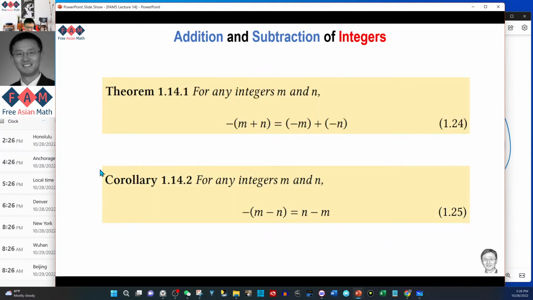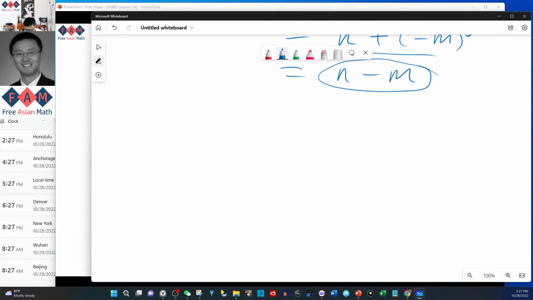After developing this first theorem, we have a corollary. When you have m minus n and take the negation of that, it is the same as if the second integer goes first, subtracting the first integer. So that's how we know something like this happens. But is this the same thing as, say, evaluating 5 minus 3 minus 17?